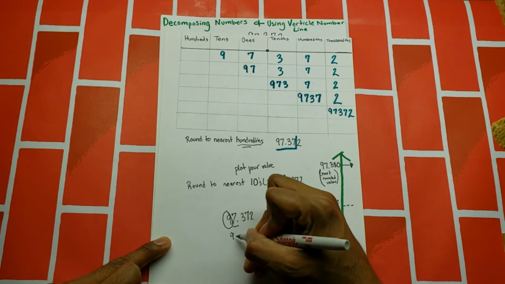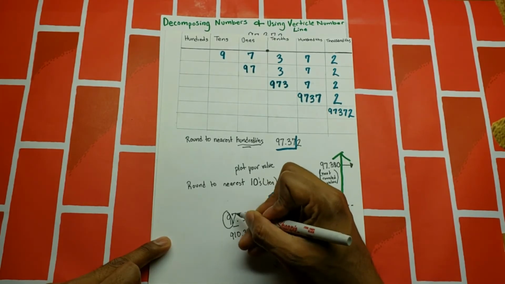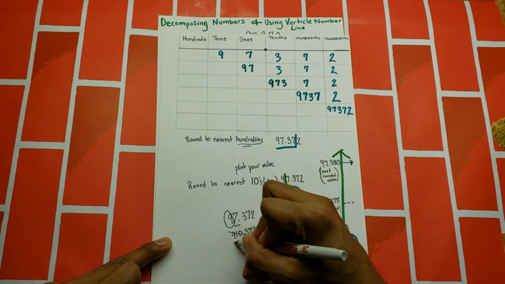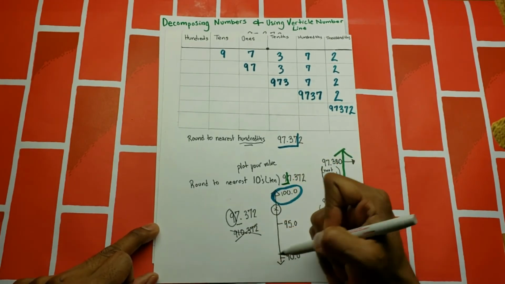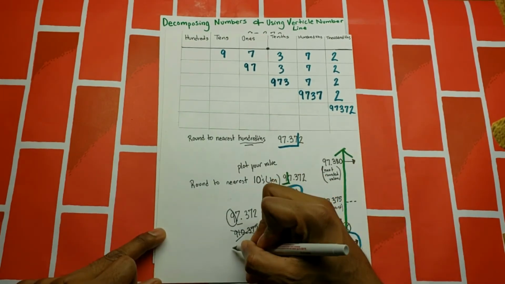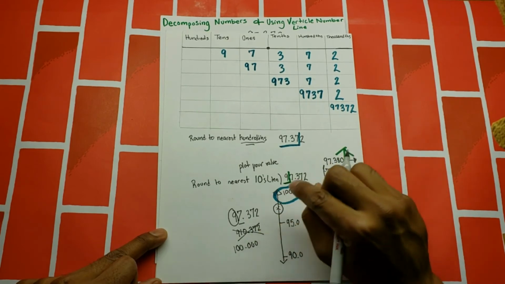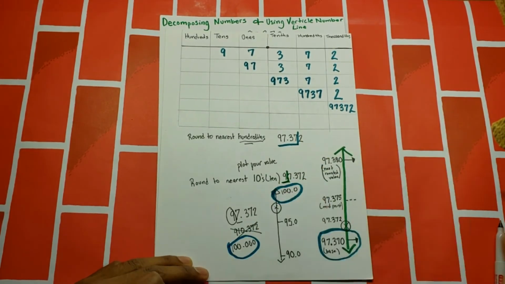So some students may do this, because they know that they have to round up, and they put a 10 here. But this is not the next 10 up, because when we read this number, this is 910. The next 10 up is going to be 100, and then all zeros afterwards. My answer matches here. My answer matches here. I know I am correct.